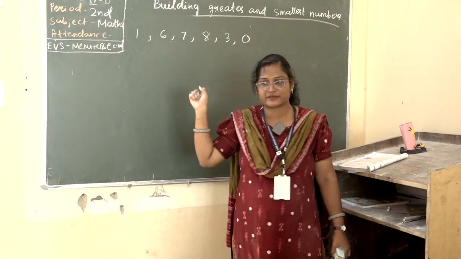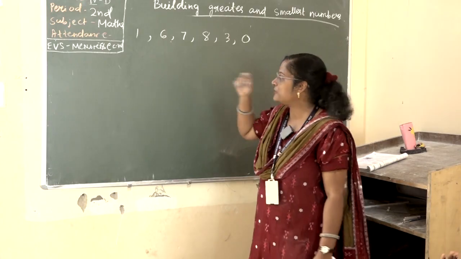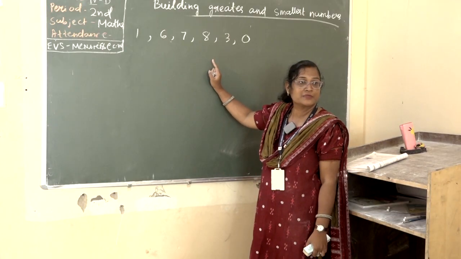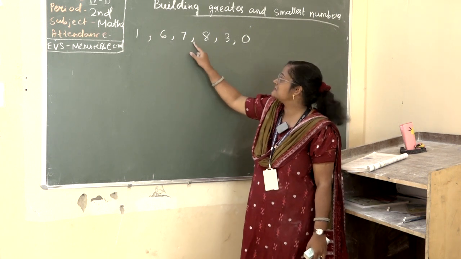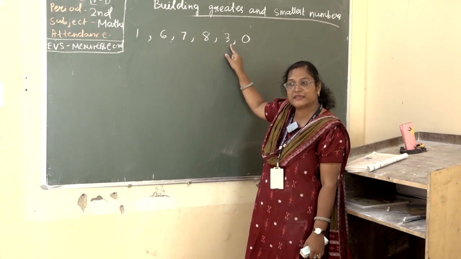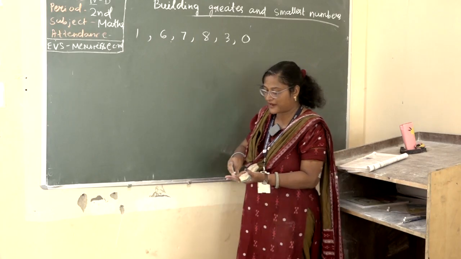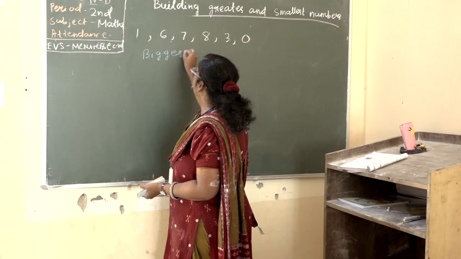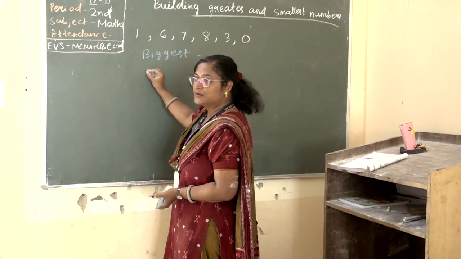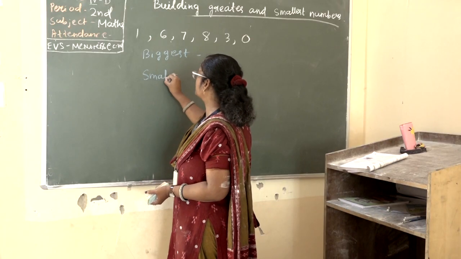Okay, 0 is also here, right? How many digits am I giving here? 6 digits: 1 6 7 8 3 0. Now you have to find the biggest number, or greatest, or the smallest number.